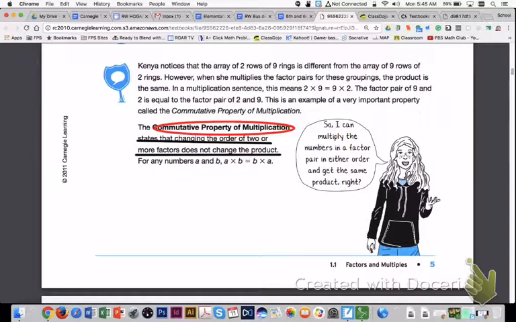This is an example of a very important property called the commutative property of multiplication. The commutative property of multiplication states that changing the order of 2 or more factors does not change the product. For any numbers a and b, a times b is equal to b times a.